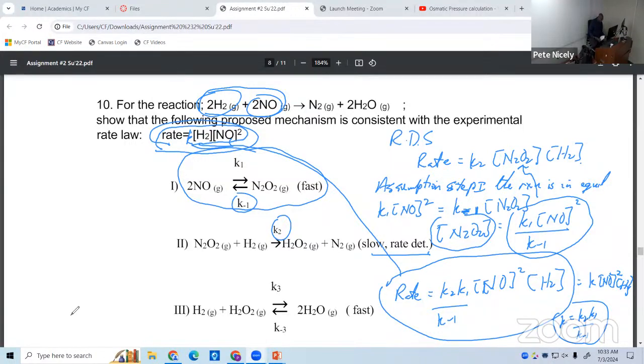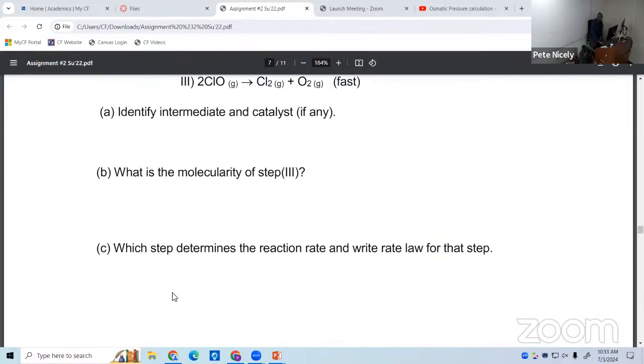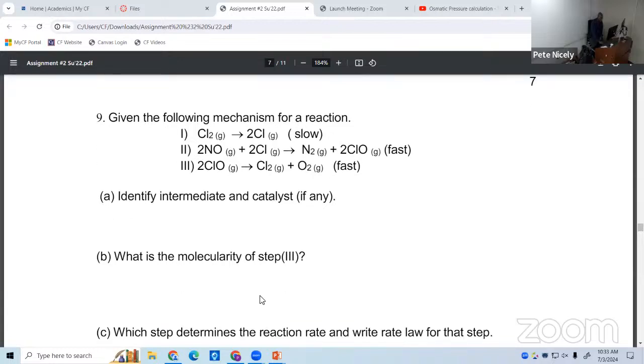Number 9. Okay, let's clear this. Scroll up. Okay, number 9 is again related to mechanisms. It says, given the following mechanisms for a reaction, and it gives you the steps involved, identify the intermediate and catalyst, if any.